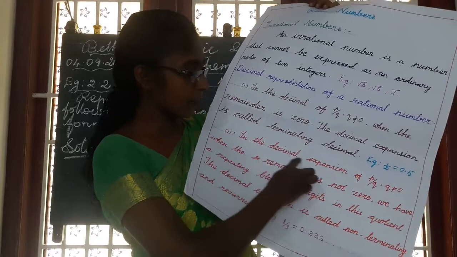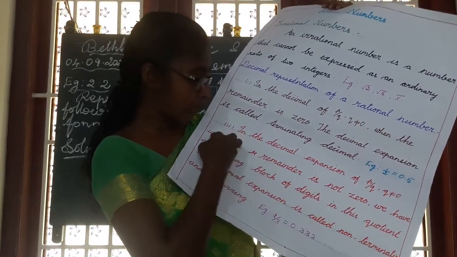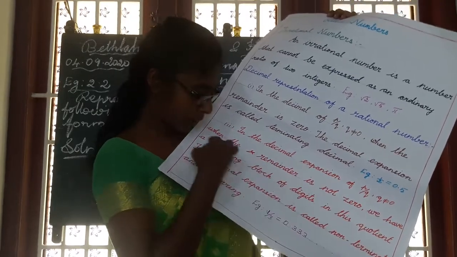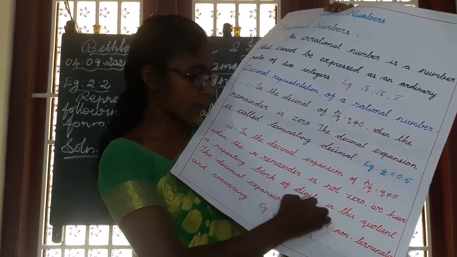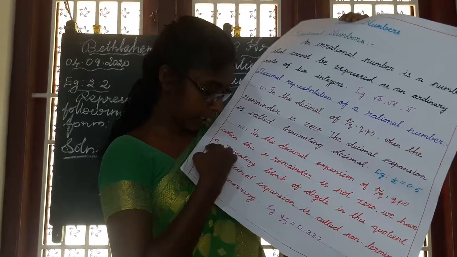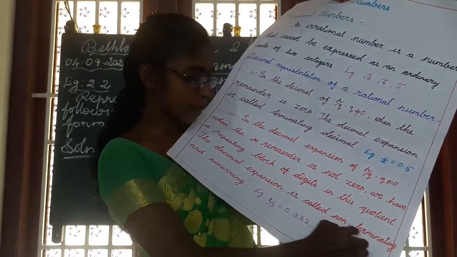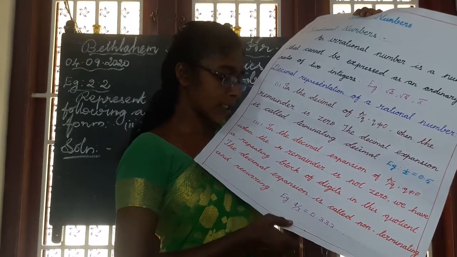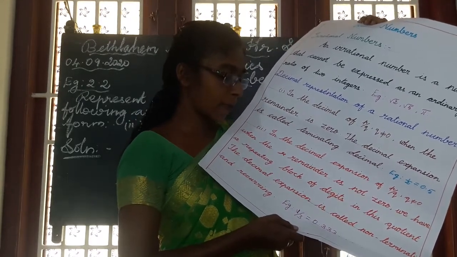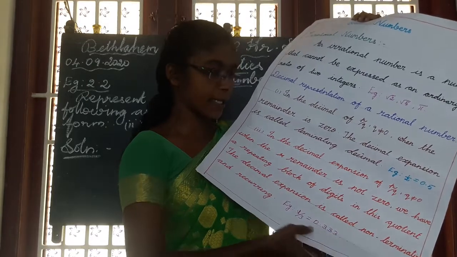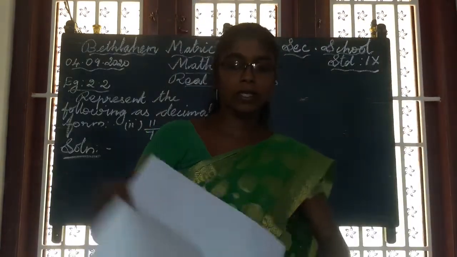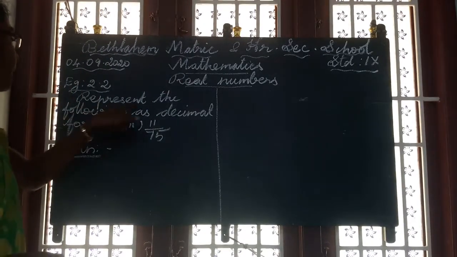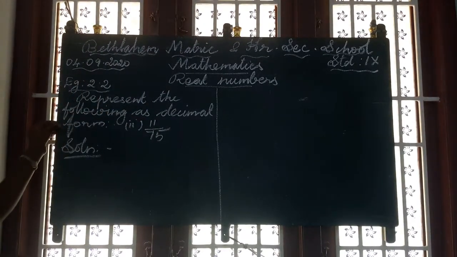Next, in the decimal expansion of p by q, when the remainder is not 0, we have a repeating block of digits in the quotient. The decimal expansion is called non-terminating and recurring. Example, 1 by 3 is equal to 0.333, etc.